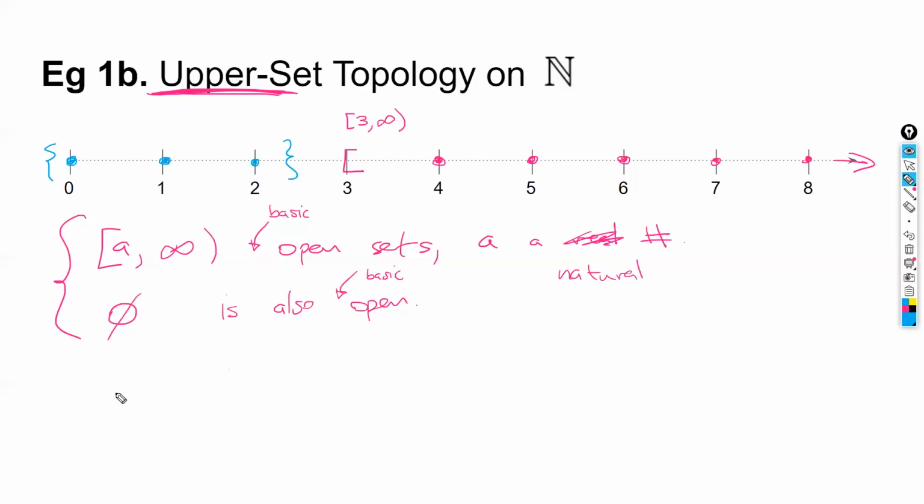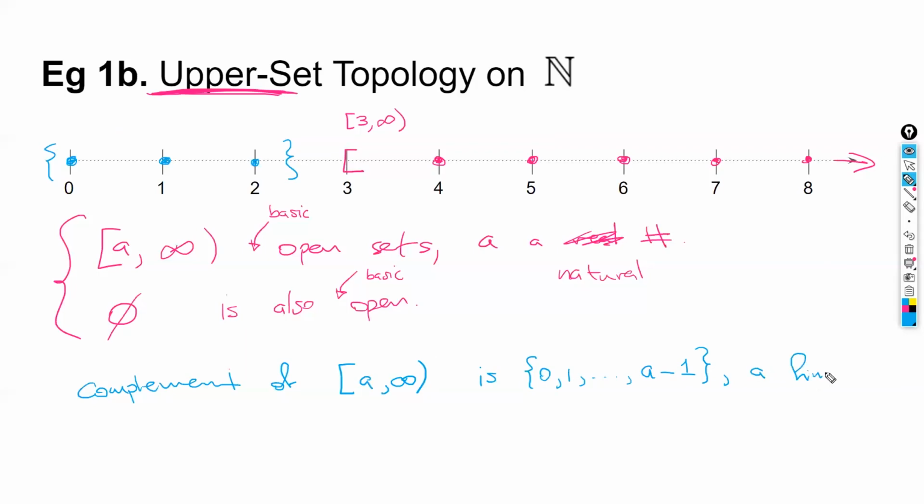So I'll say this more generally. The complement of this set right here, A to infinity, is the set of numbers which starts at 0, goes to 1, and it continues on until it hits A minus 1, and then it stops.